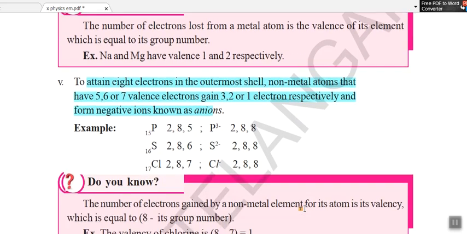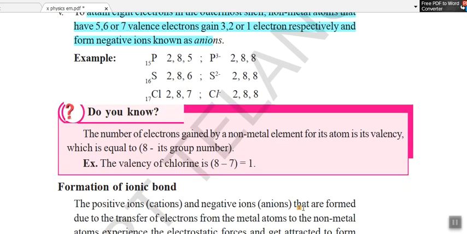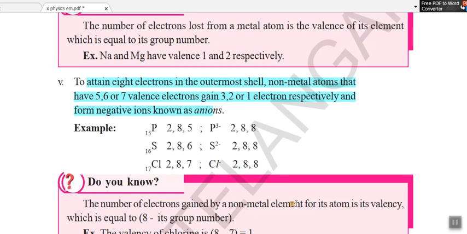So if you want to find the valency, here we have a concept. The number of electrons lost from the metals, the valency of the element, is equal to the group number.